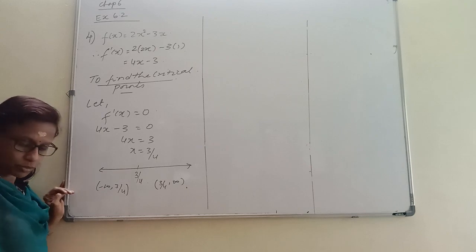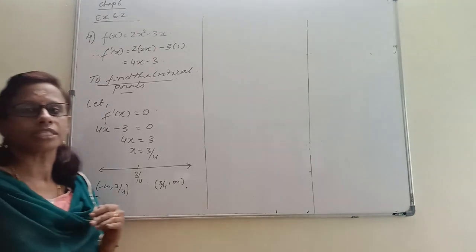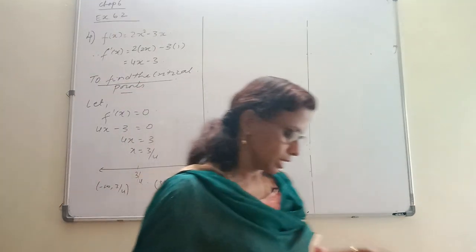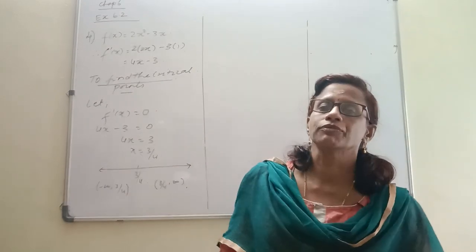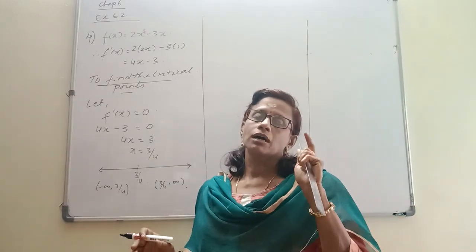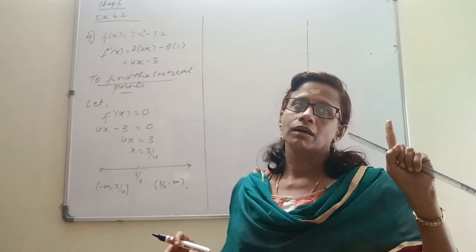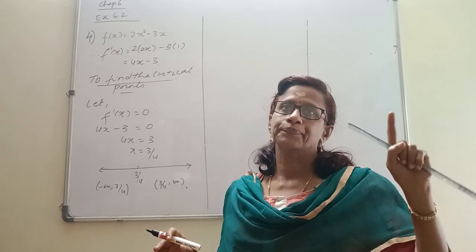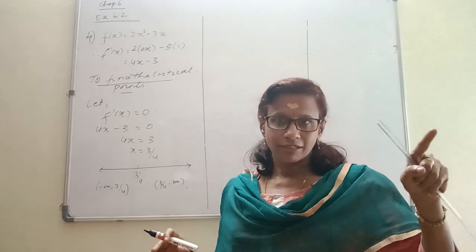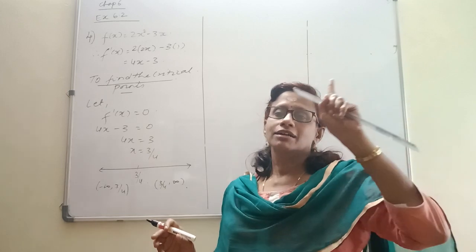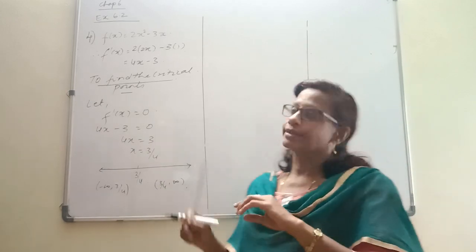So now, as we have always seen, the next step is the table part. In the table, as we did before, we have columns with the headings: interval, sign of f dash x, and nature.